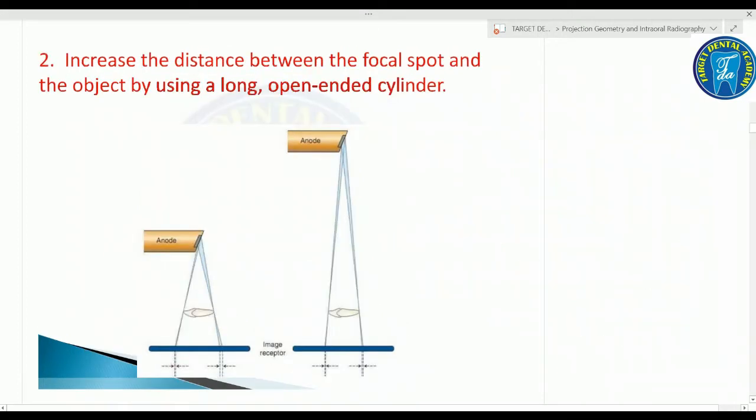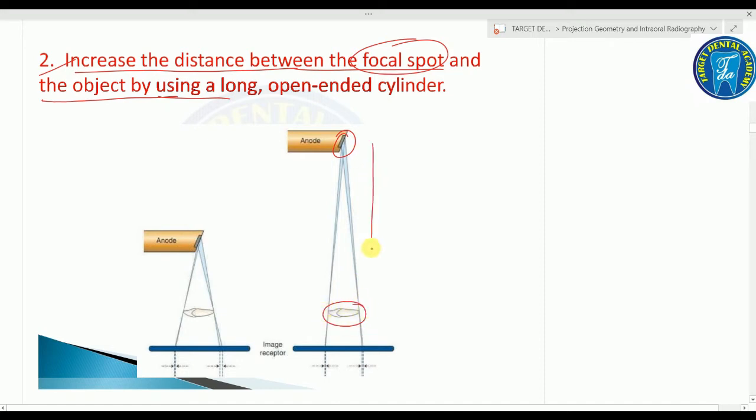Important. The second method is to increase the distance between the focal spot and the object. So this is the focal spot, and this is the object.